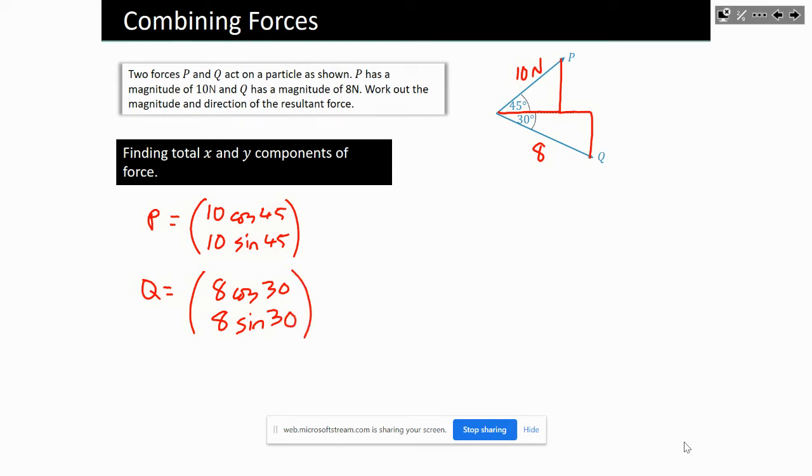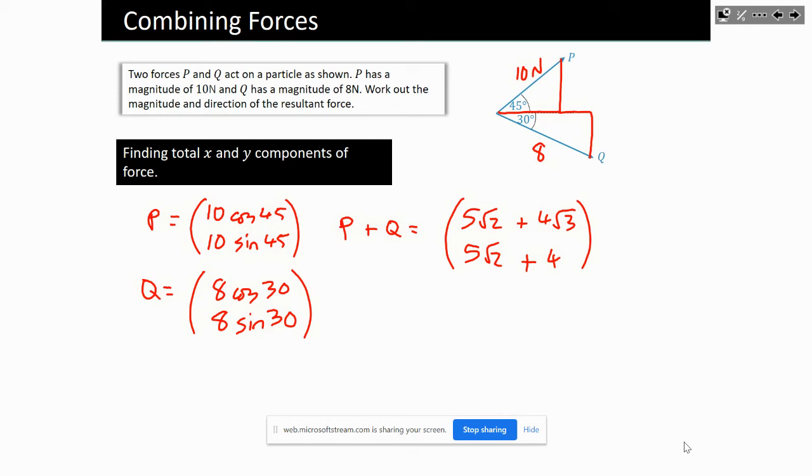So altogether, the resultant force is going to be 10 cos 45. 10 cos 45 is 5 root 2, as is 10 sine 45. And then 8 cos 30 is 4 root 3. 8 sine 30 is 4.